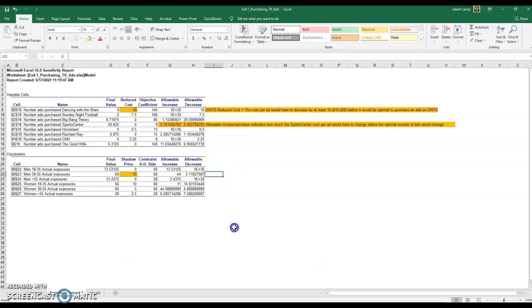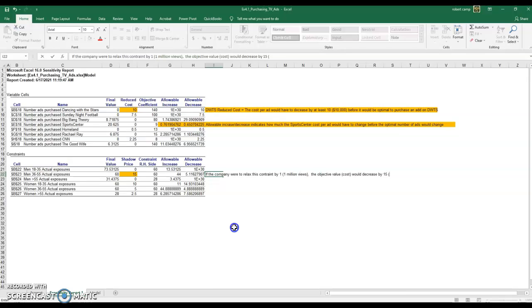So once again, let me put the verbiage here. If the company were to relax this constraint by 1, which is 1 million views, the objective value, which is our cost, would decrease by 15, our shadow price.